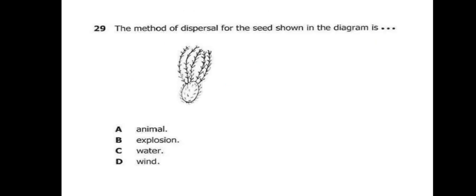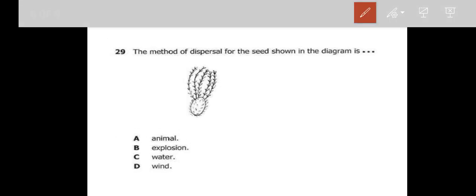Question 29 says the method of dispersal for the seed shown in the diagram is. So what method of seed dispersal is demonstrated in the diagram? When you look at the structure of this diagram, you have to identify certain key structures. The seed shown here in the diagram has hooks.